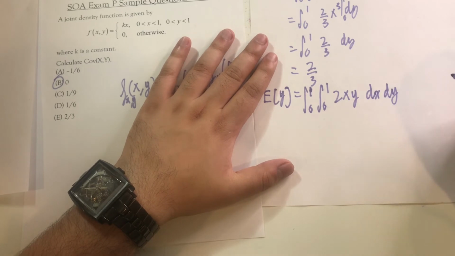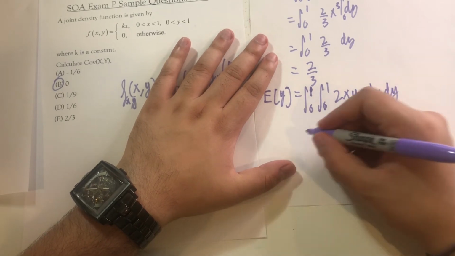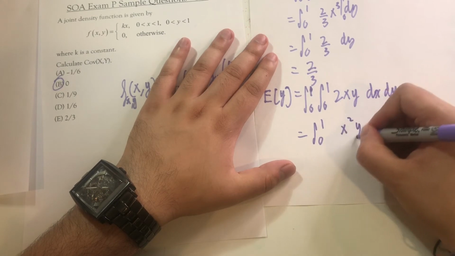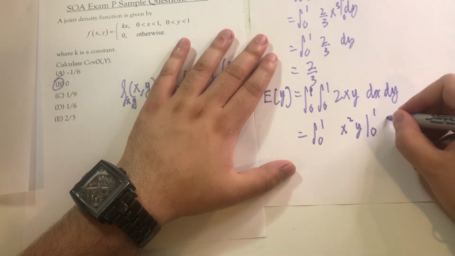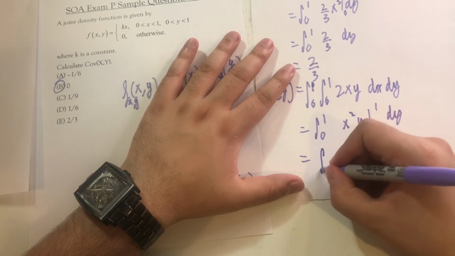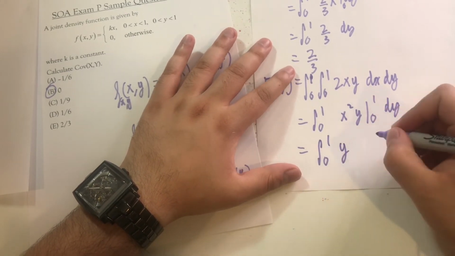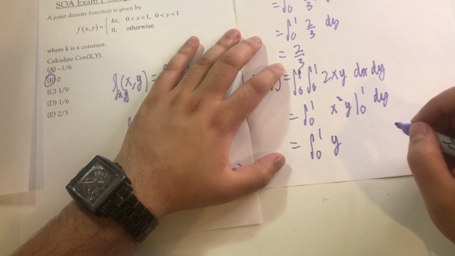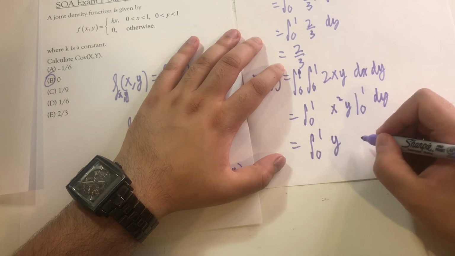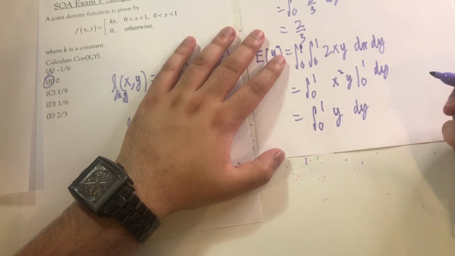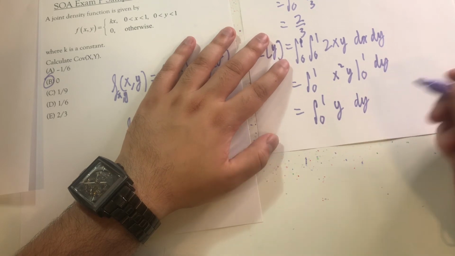That's going to be equal to the integral from 0 to 1 of x squared y from 0 to 1, dy. That gets me just the integral from 0 to 1 of y. And as you notice, this is just a lot of calculus at this point. Dy, which I can quickly figure out is just going to end up getting me 1/2.